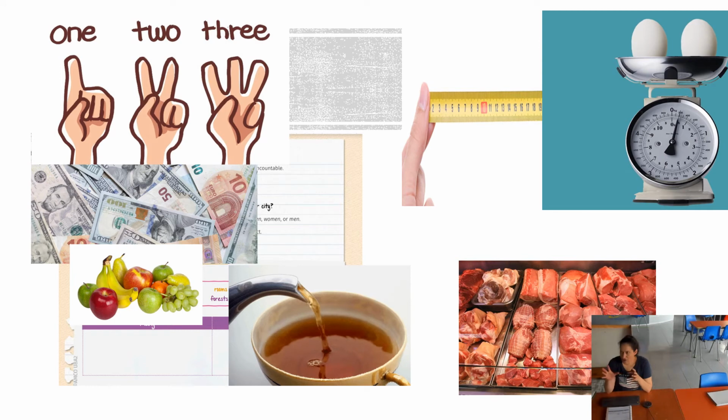Forests. A forest is a group of trees and plants and animals. So, can I count 1 forest, 2 forests? No. Right? Can I say how many forests there are in your country?